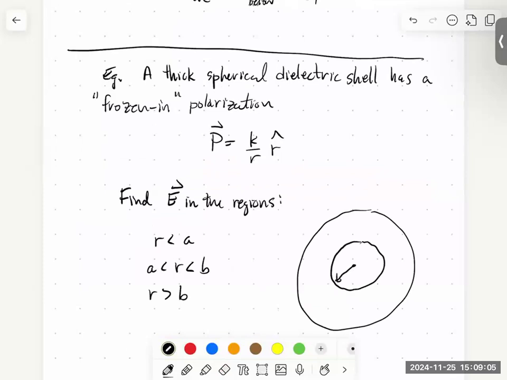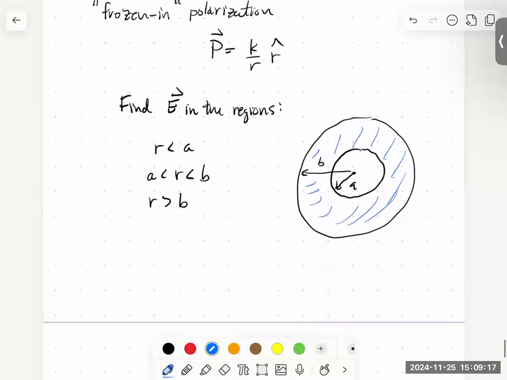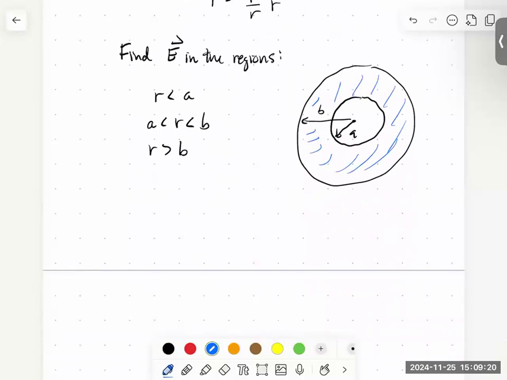We're going to say that the inner radius is a and the outer radius is b, and our dielectric is shaded blue. Okay, so, well, what we could do is we could go with our modified Gauss's law in integral form.